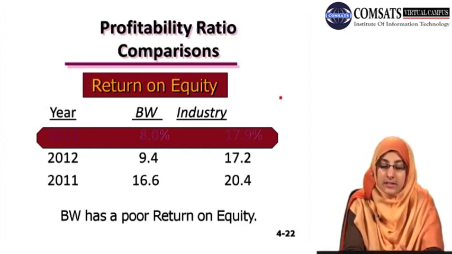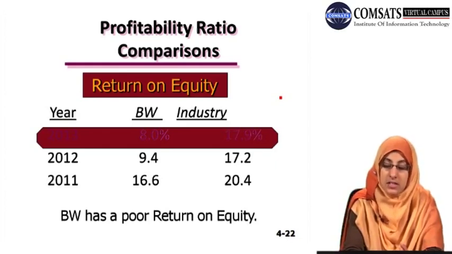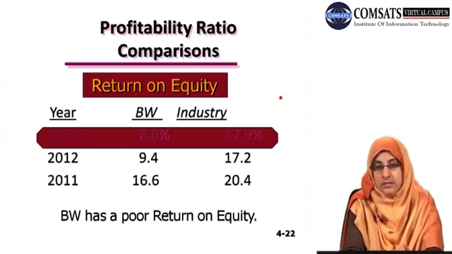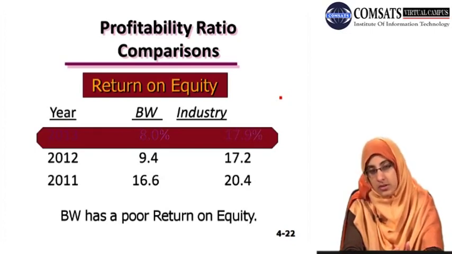Looking at previous years, from 2011 to 2013 the return on equity was 16.6, then 9.4, and now it's 8%. It has a decreasing trend. The industry average is 20.4, 20.4, 17.2 and 17.9% respectively over the period of 2011 to 2013.